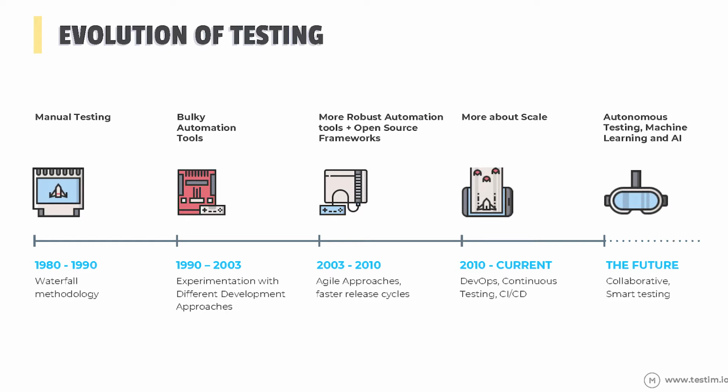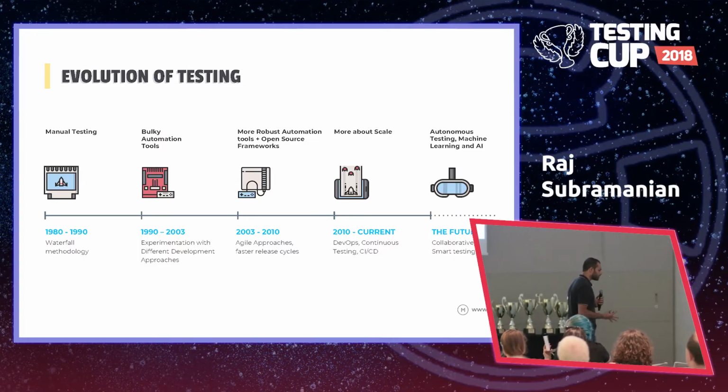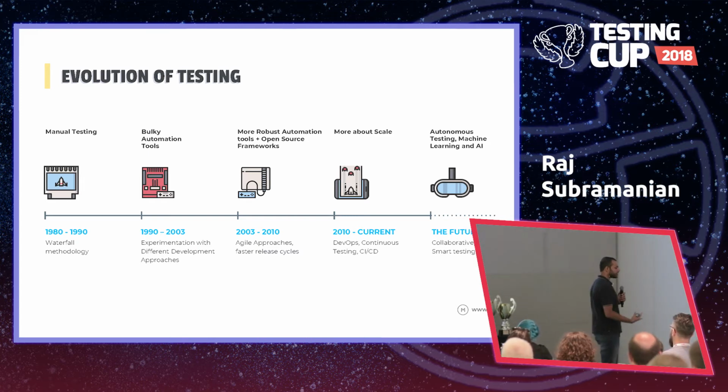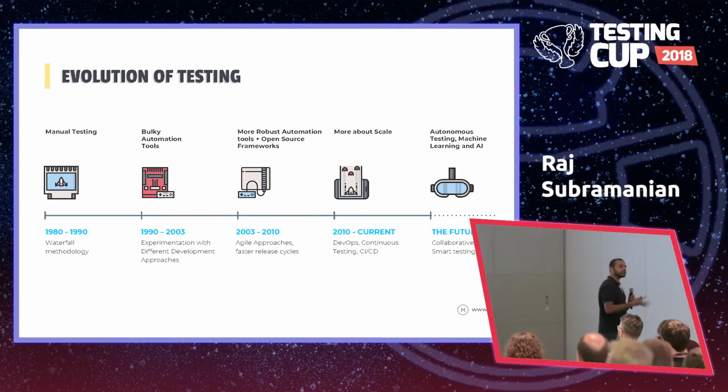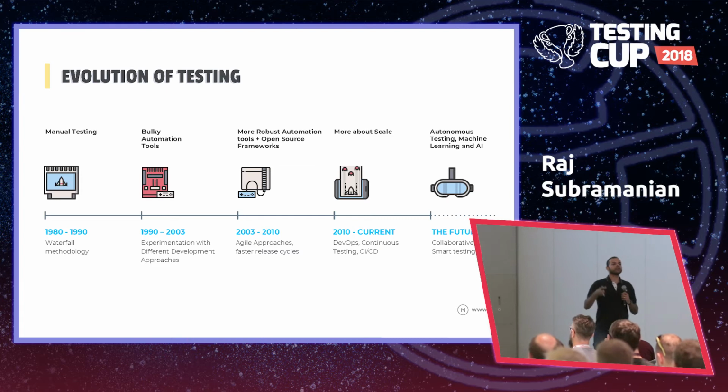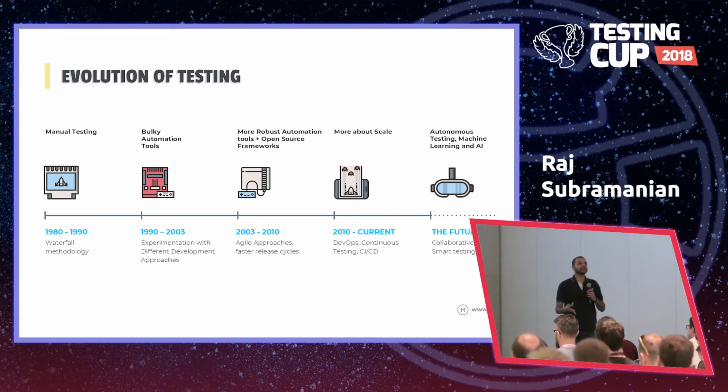Then in 2003 to 2010, we saw more robust automation tools coming up, and then there was the birth of open source frameworks, right? There were like-minded people in the community who wanted to share their knowledge with other people, but also wanted to contribute to improving software testing.